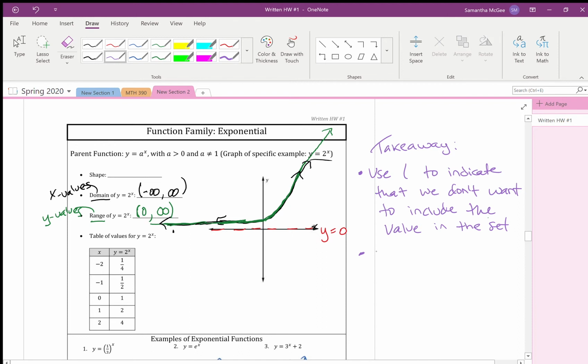And we always use parentheses for positive or negative infinity.